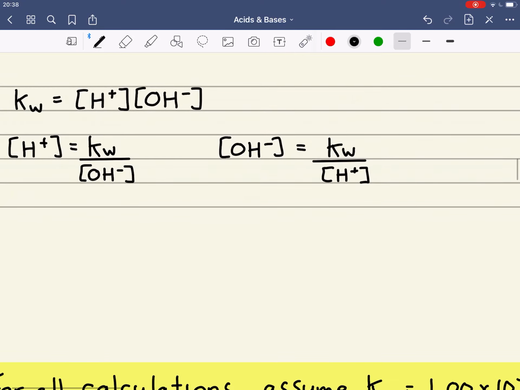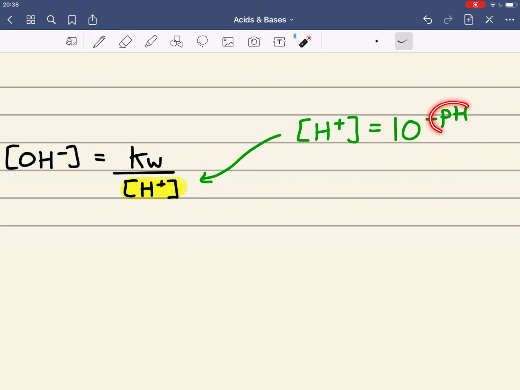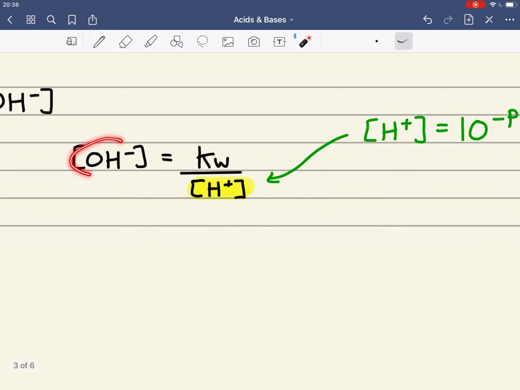And remember, if I'm given the pH, I can work out this H plus value from the following equation, 10 to the minus pH. So if I'm given the pH and I'm given the Kw, I can work out my hydroxide ion concentration.